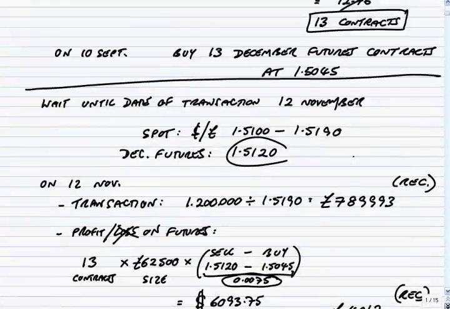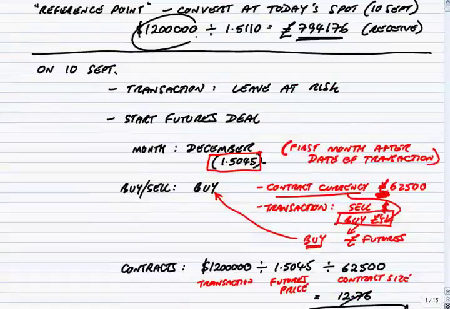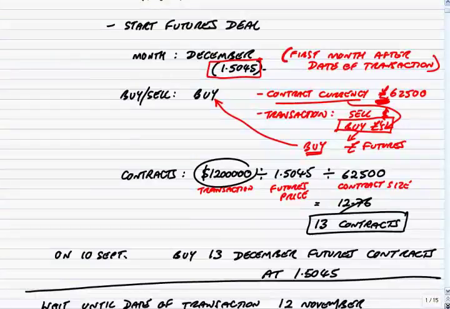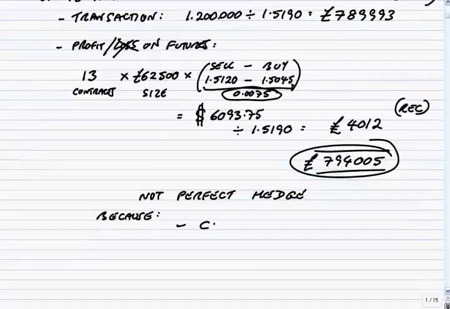In a perfect world, since we were at risk on, where were we, $1.2 million, we'd want to have a futures deal on $1.2 million. But because of contract size, well, as I say, to be perfect, it should have been 12.76. It wasn't allowed. We've dealt in slightly more futures. And of course, I hope you would agree, if the futures deal is not the same amount, then it won't match perfectly. So that's one problem. We were limited by contract size.